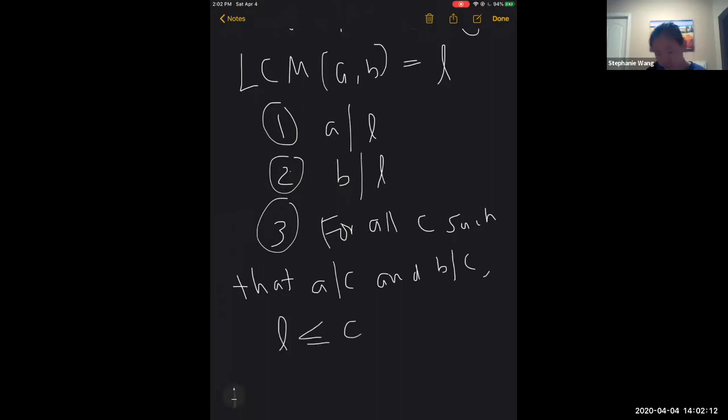So for all the other integers that are multiples of a and b, the least common multiple has to be less than all of them.